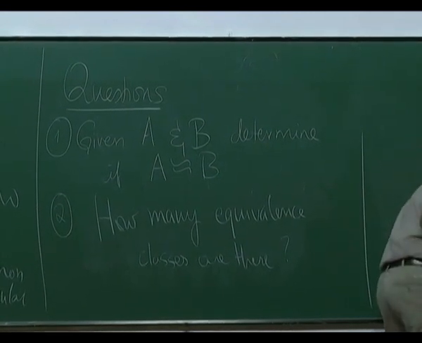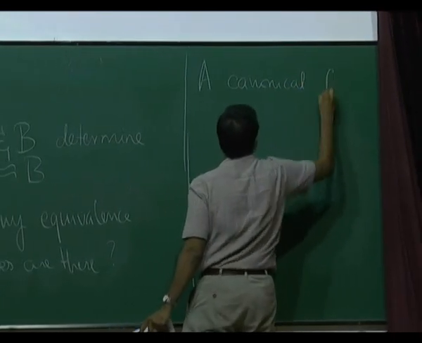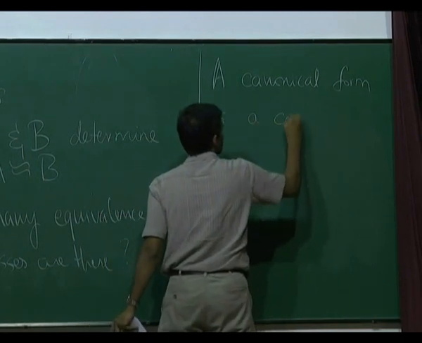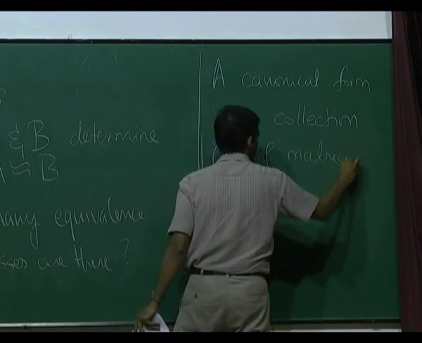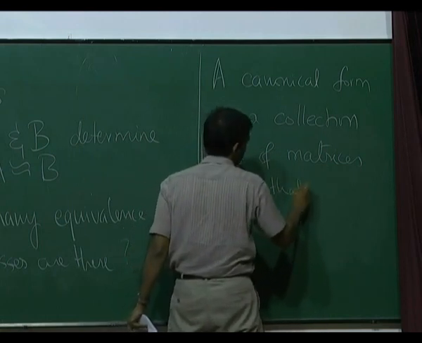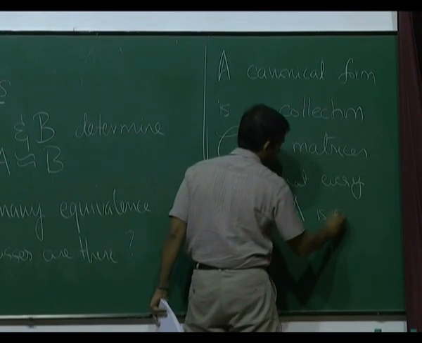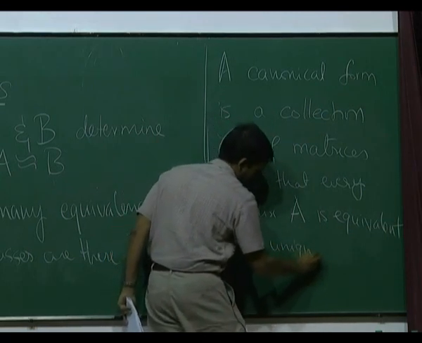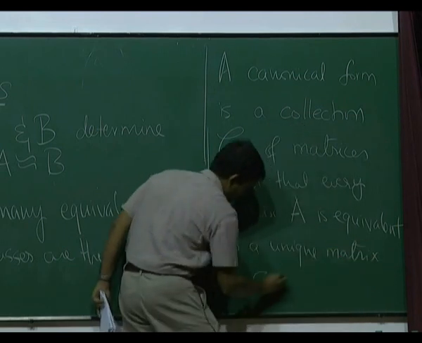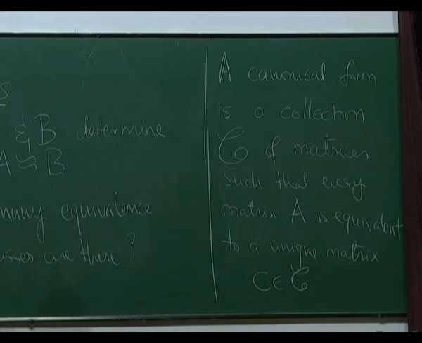In abstract, a canonical form, and we will try to find this, is a collection C of matrices such that every matrix A is equivalent to a unique matrix C in C. So suppose you can find such a collection, some collection of matrices such that every matrix A is equivalent to a unique matrix in this collection C.